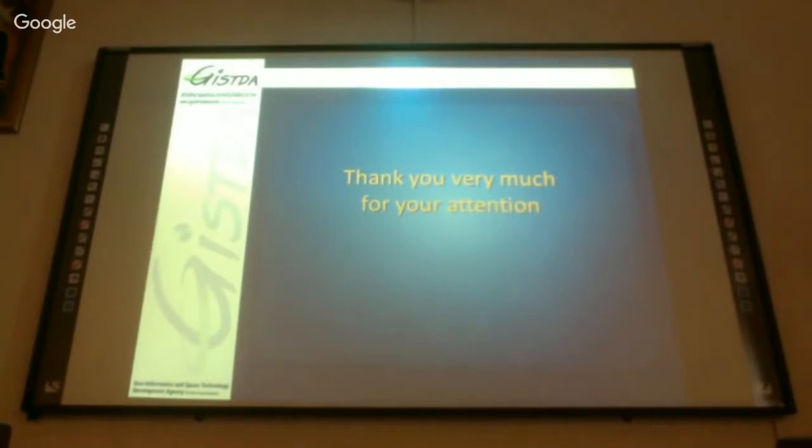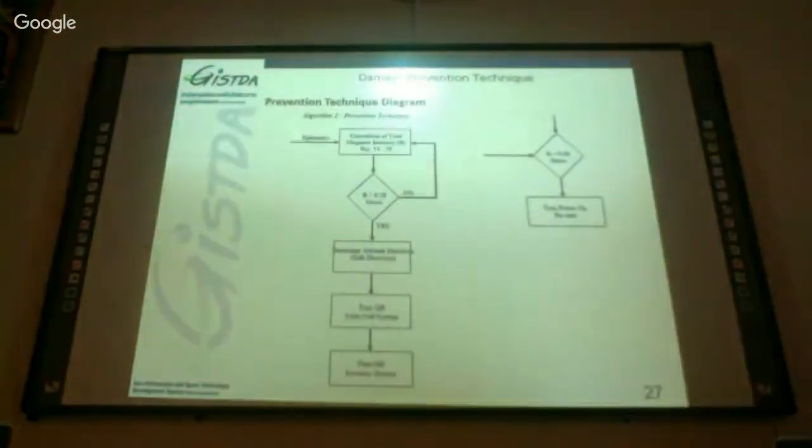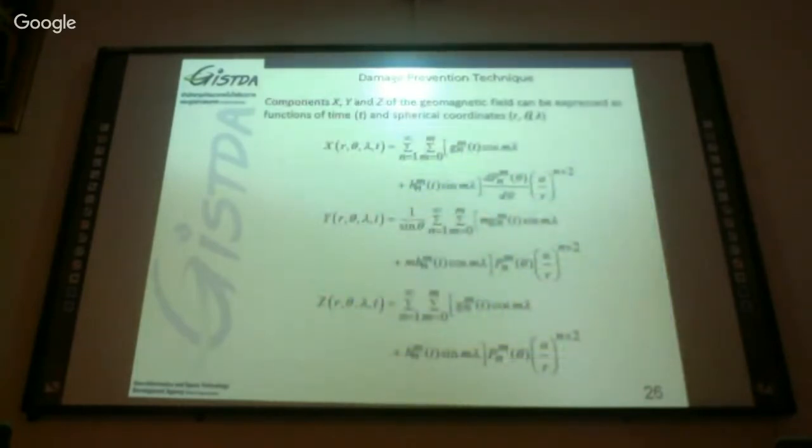Question: how long does it take, fractionally in an orbit, for the satellite to stay in this area? I'm trying to detect this by using this equation. So the problem is we have no sensor.